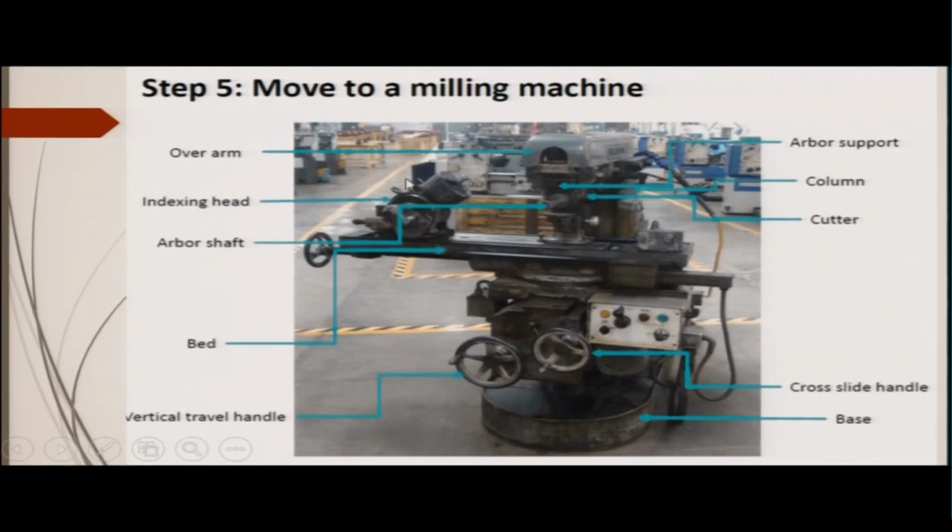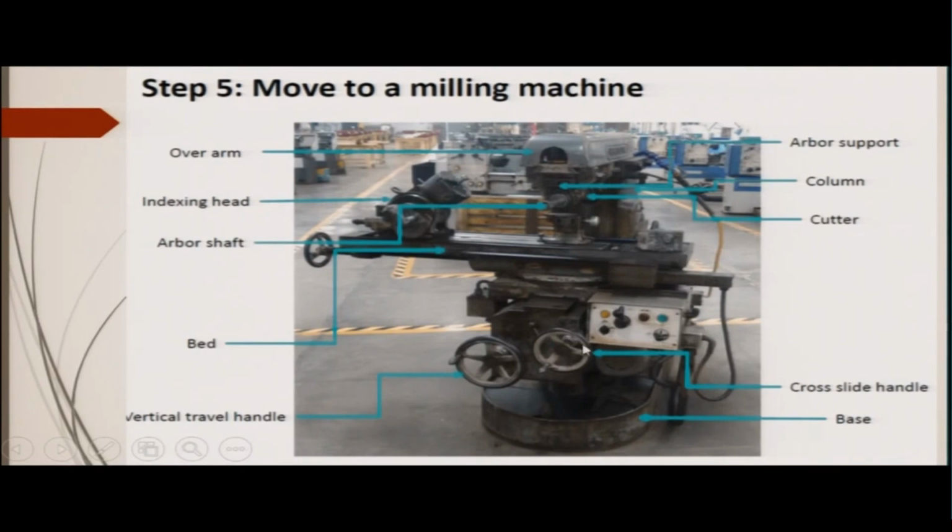Indexing head, as I showed it to you, and on the indexing head you have the 3 jaw chuck on which the part will be mounted. This is the arbor, as I said, the arbor shaft. This is the milling machine bed. And here we have the cross slide handle.